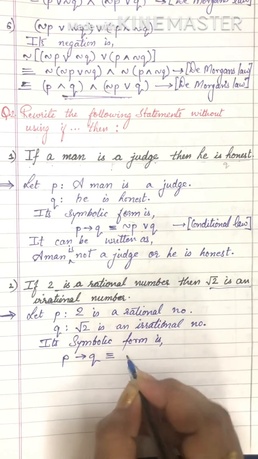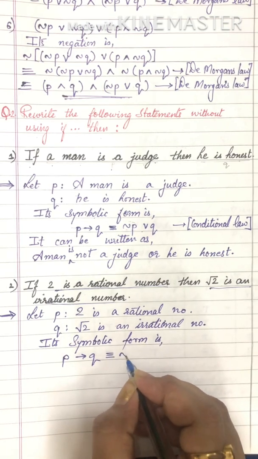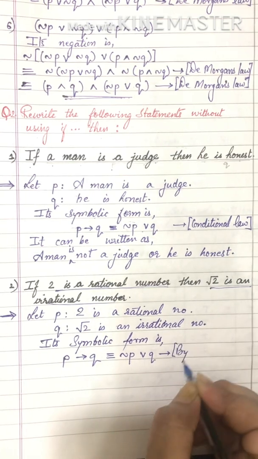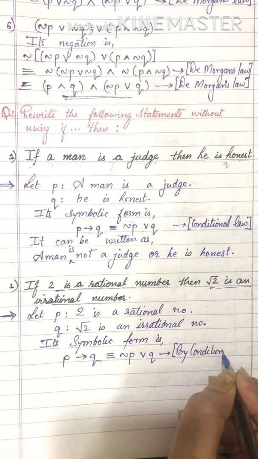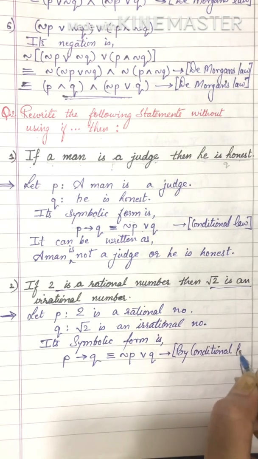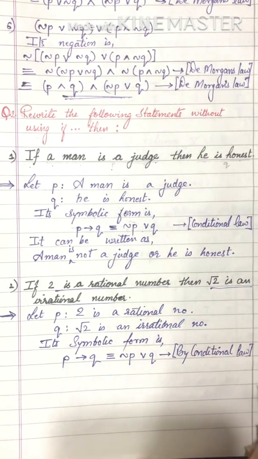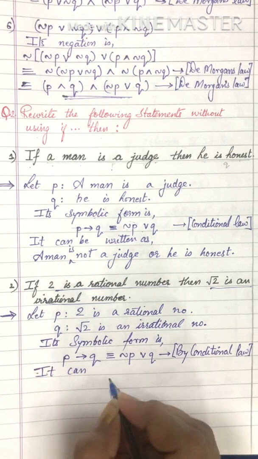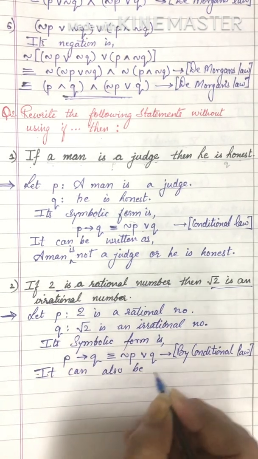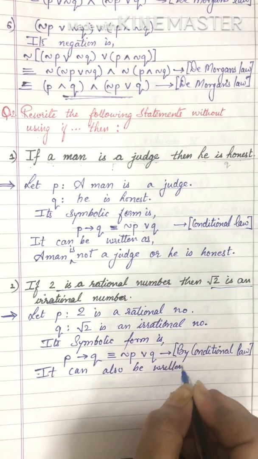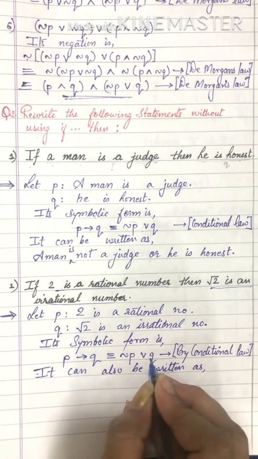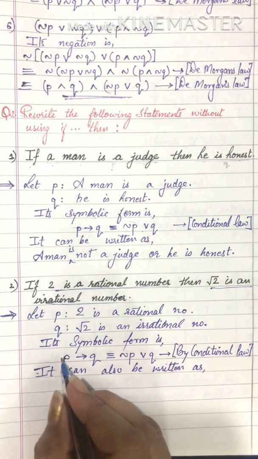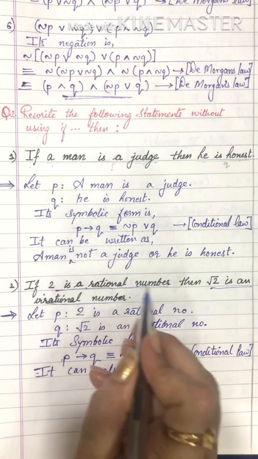We will solve it by using conditional law. We will get negation P or Q, by using conditional law. So next we write, it can also be written as. Now I'm going to write the symbolic form in word form. So we will write P. What is P? 2 is a rational number.